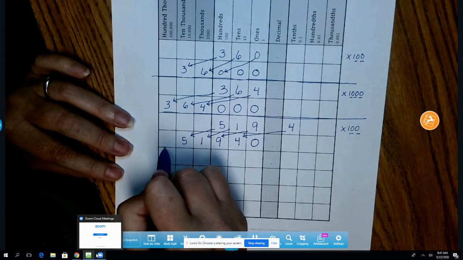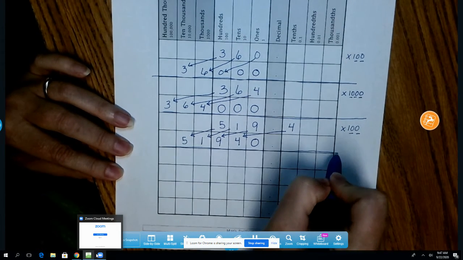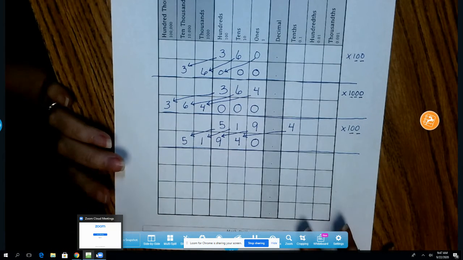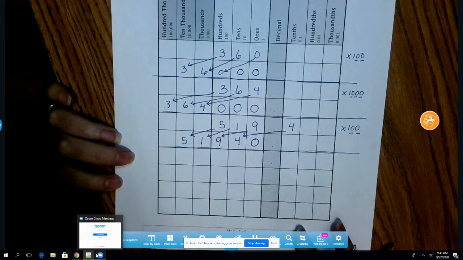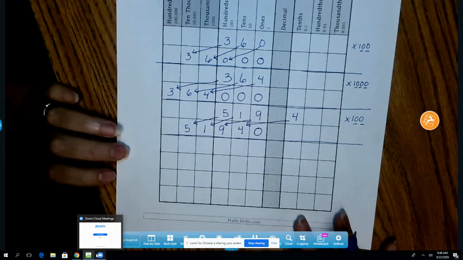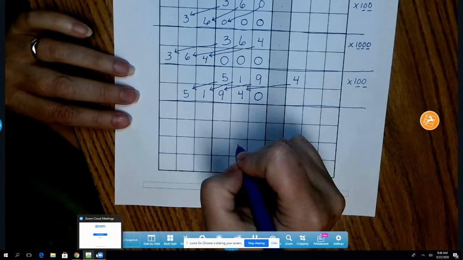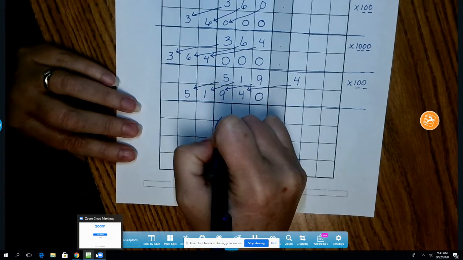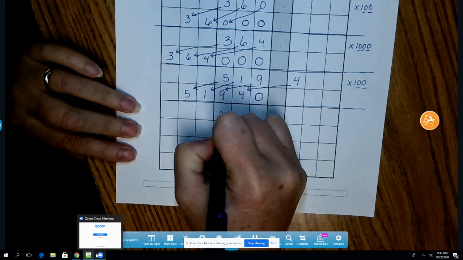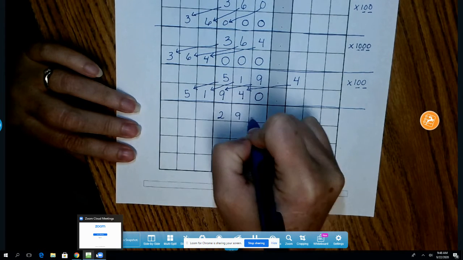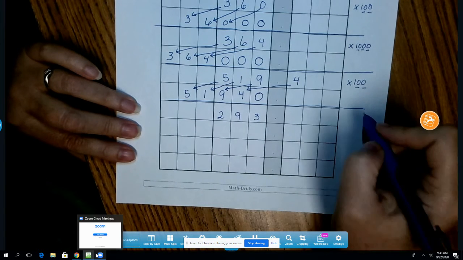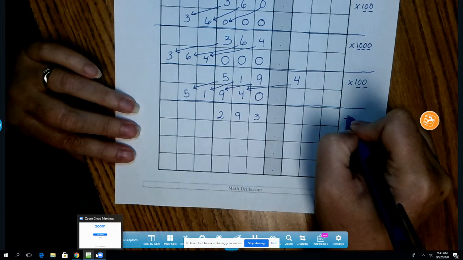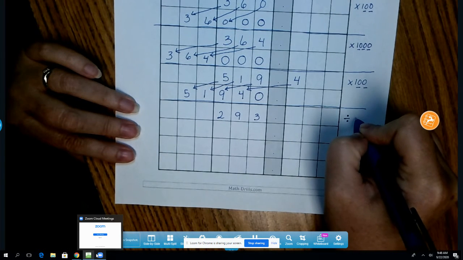Now let's try a division one. Division works the same way when you're talking about groups of 10. It's just you're going the opposite way because your numbers are getting smaller. So let's say that I have 293 and I am going to divide by 100.